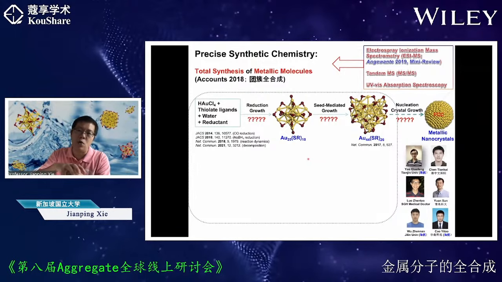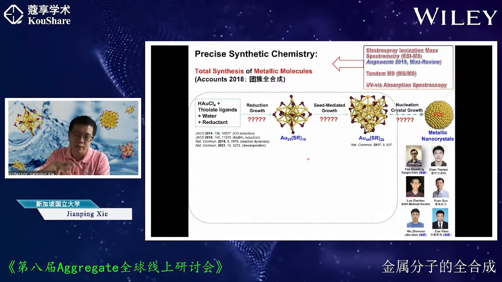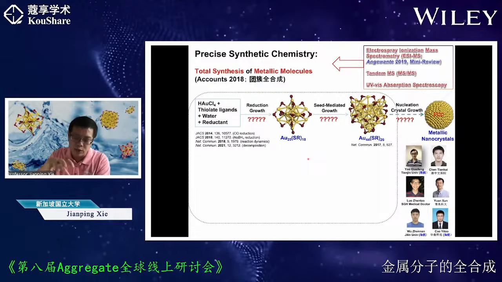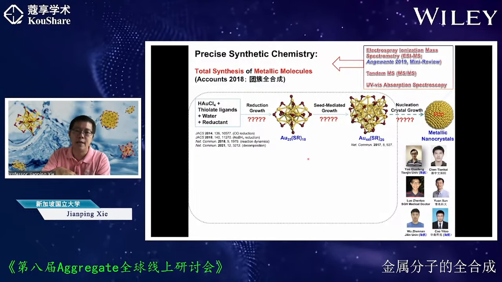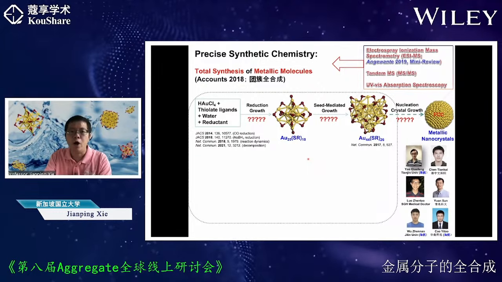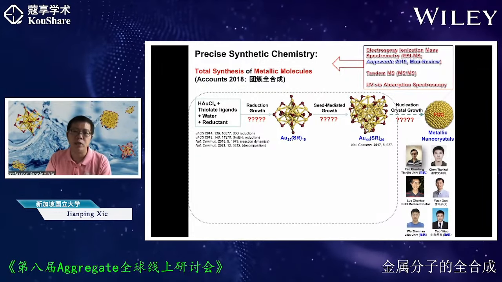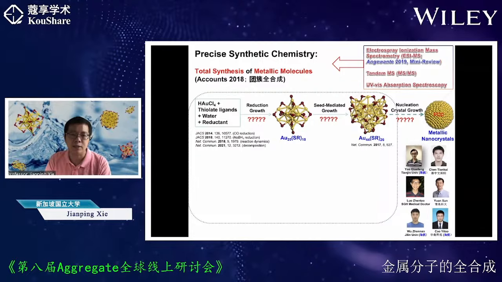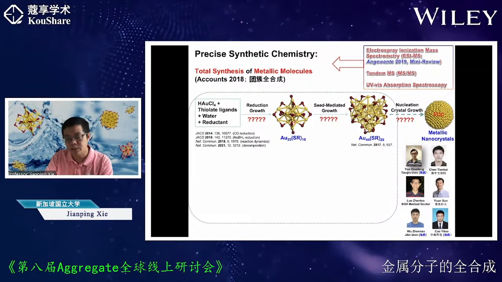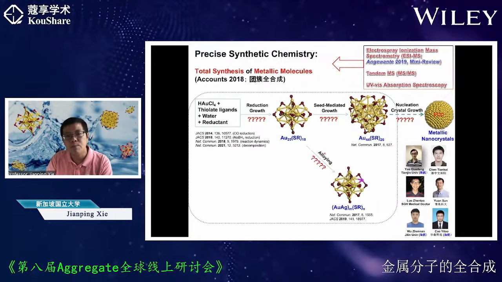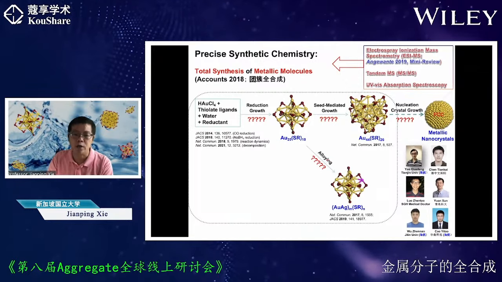Similar to organic molecules, if we synthesize a particular molecule and want to diversify its properties, we can modify or functionalize these molecules. We can do the same for metal nanoclusters. For example, if we want to adjust the properties of this cluster, one very simple way is to make an alloy.